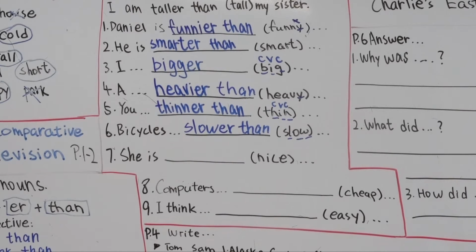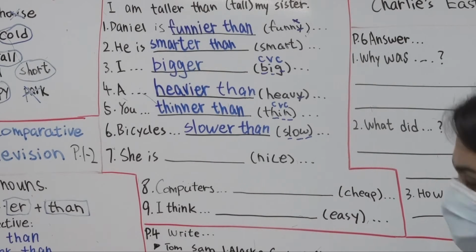So if we compare more than three people, what kind of adjective do we use? Do we still use comparative or superlative? Remember, superlative adjectives are used to compare more than three nouns. So here we use superlative instead of comparative because there are many people you know, right?